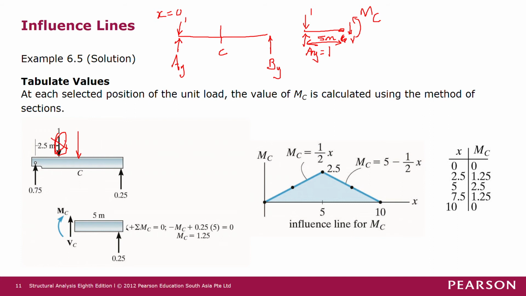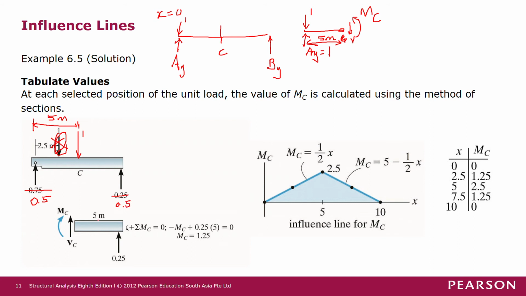there's no more force here, so this 1 unit force is at 5 meter. Okay, so this is 1 unit force. So in this case, this support reaction becomes 0.5, and this support reaction also becomes 0.5.